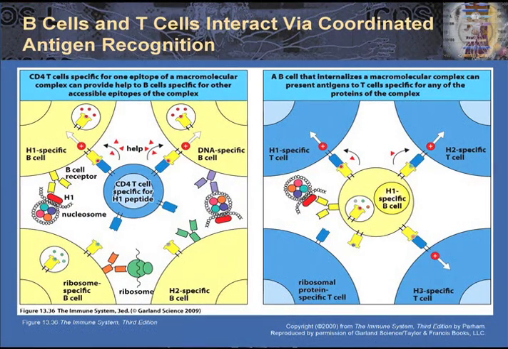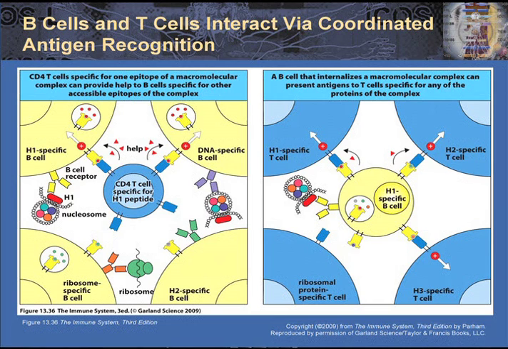So different BCR specificities, but for components in the same large macromolecular complex will have the same capacity to stimulate an antigen-specific T cell. And you can see other examples below where the B cells are taking up complexes that have RNA in them and are able to present other complexes as a result.